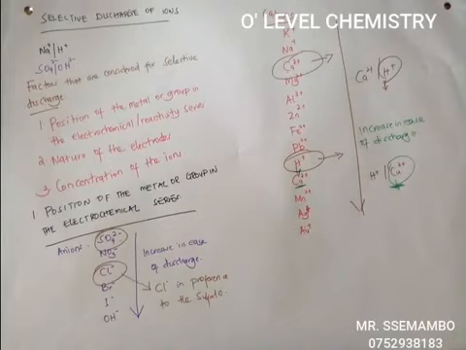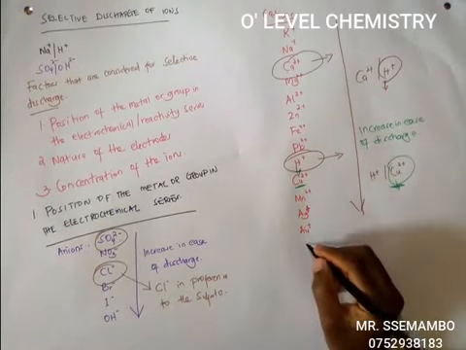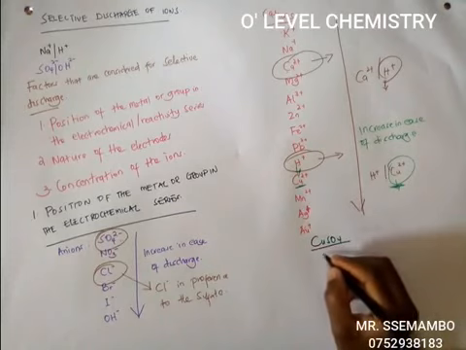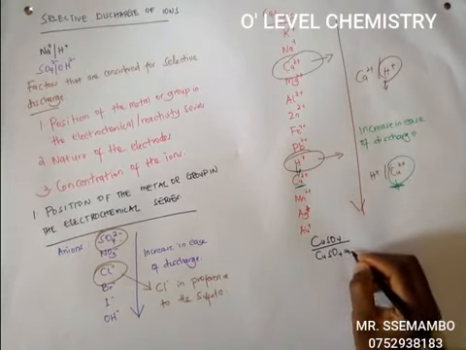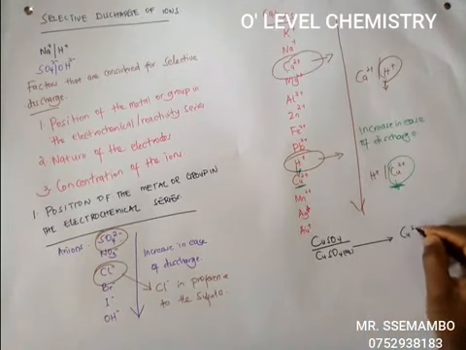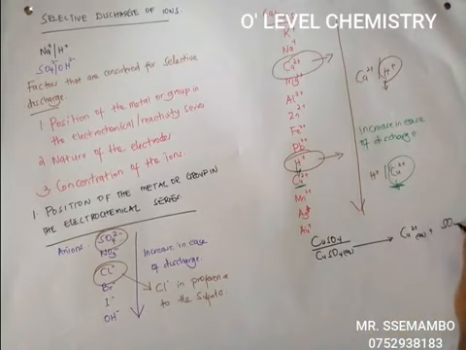Assuming we have a solution of copper 2 sulfate, the ions present will be: copper 2 sulfate aqueous ionizes to give copper 2 ions aqueous and sulfate ions aqueous.